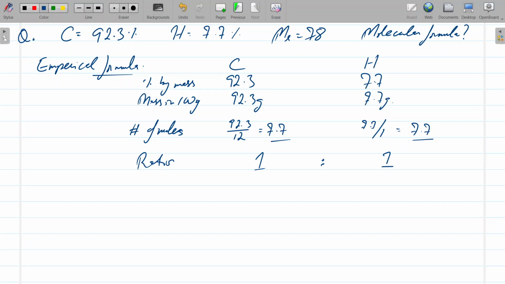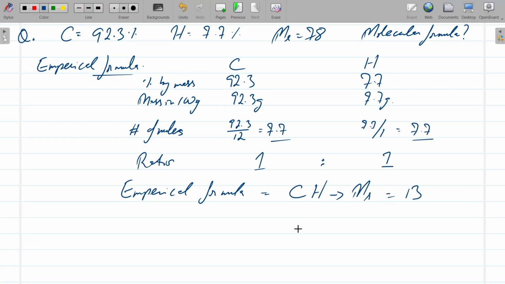So the empirical formula is CH. Now we know that this cannot be the molecular formula. So now we ask, what is the mass? The mass of CH is 13.